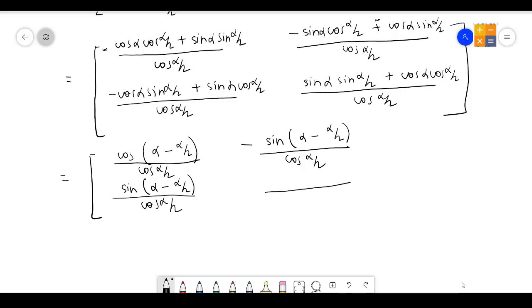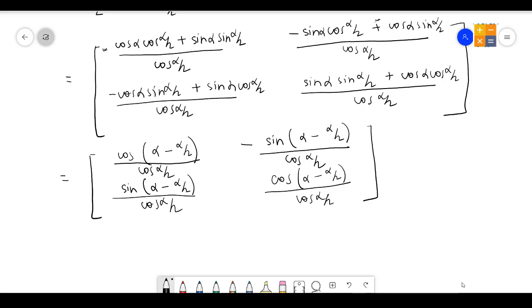While in this part again cos A cos B plus sin A sin B. Cos A cos B plus sin A sin B. The formula is cos A minus B. So in the denominator part it is cos alpha by 2.